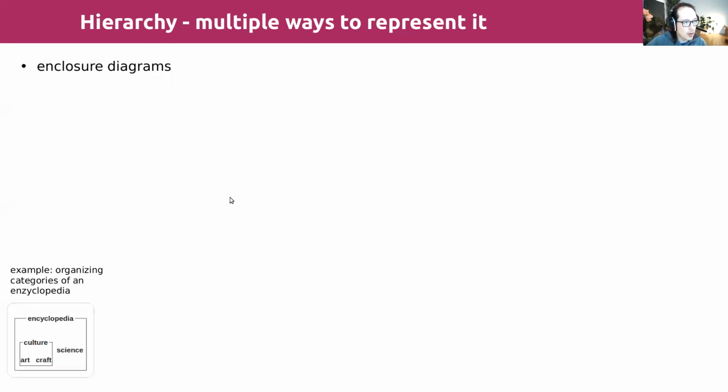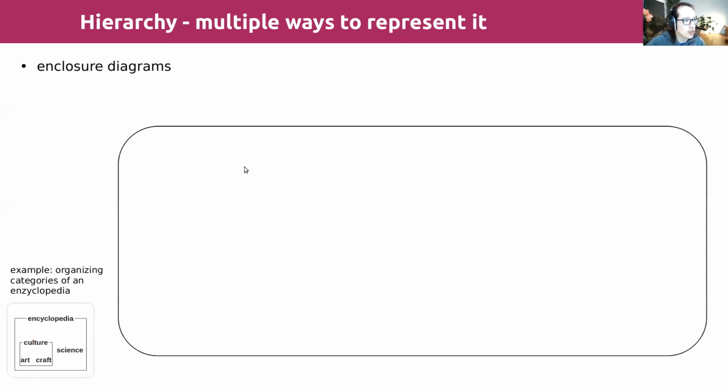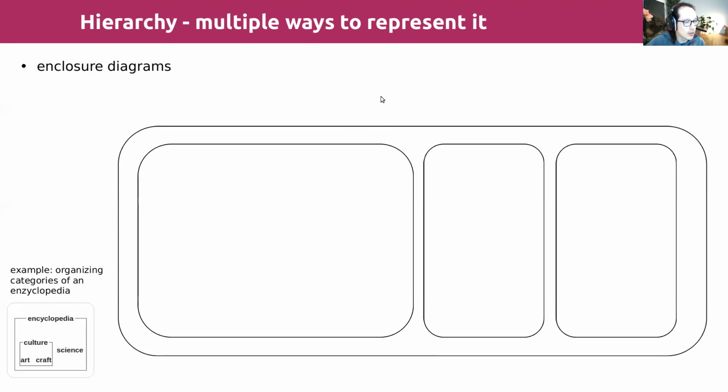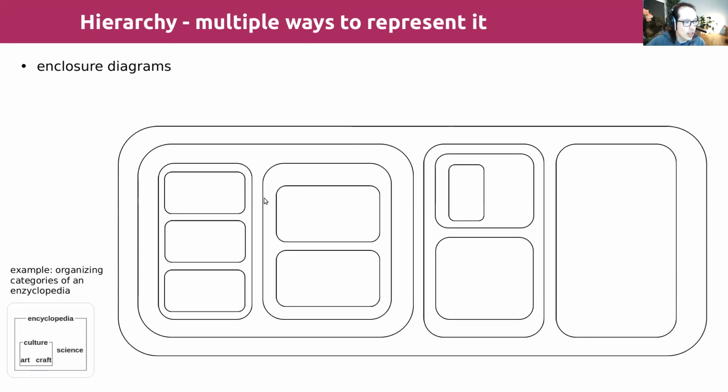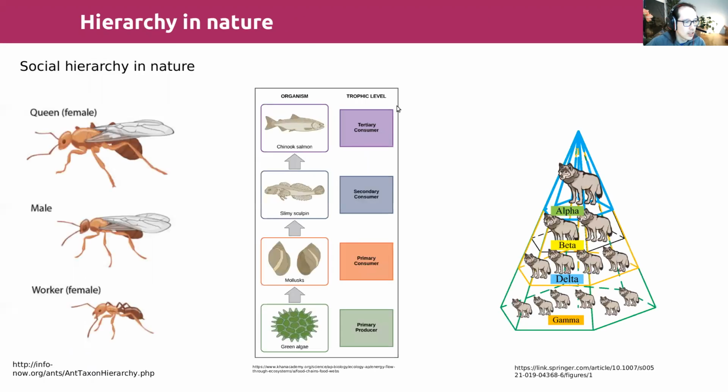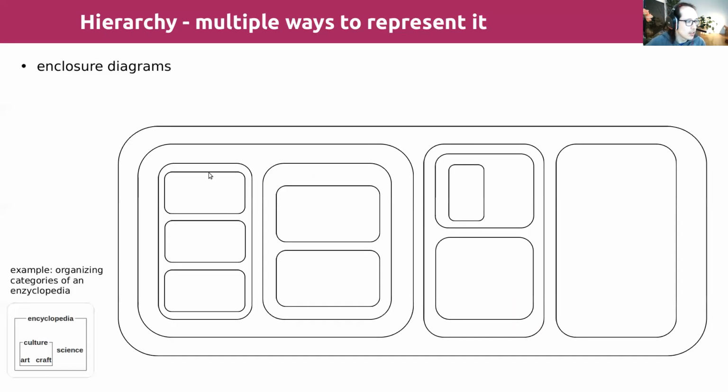Then we have another representation format, which is the enclosure diagram. So for example, we could have these structures enclosed and further structures within that, and structures within that. And this represents the same information.